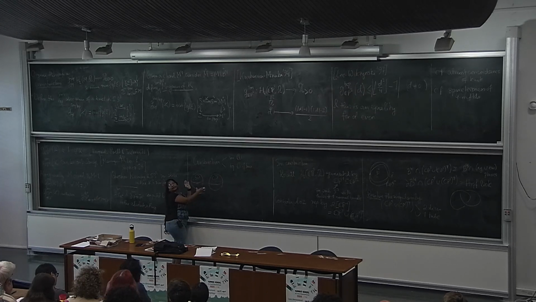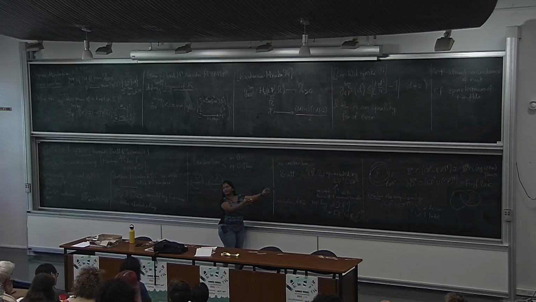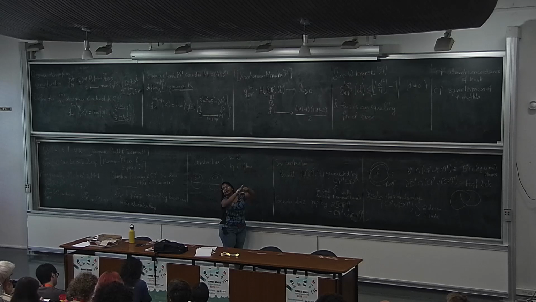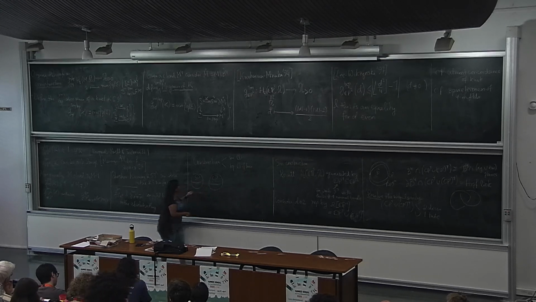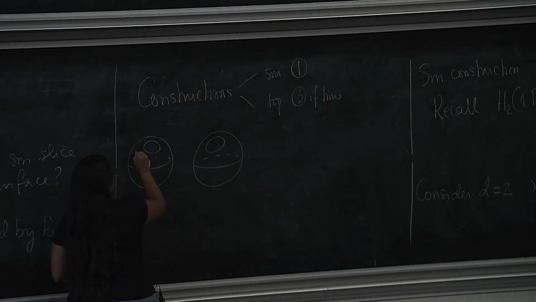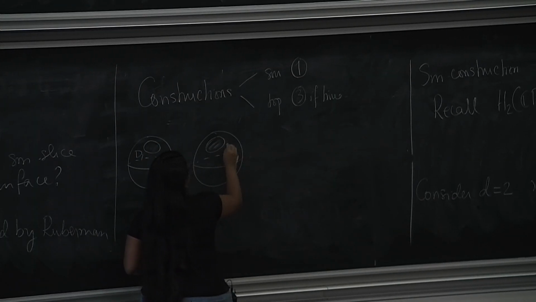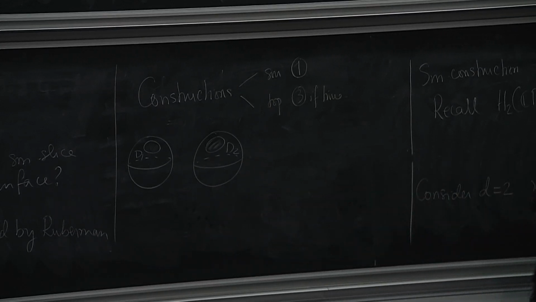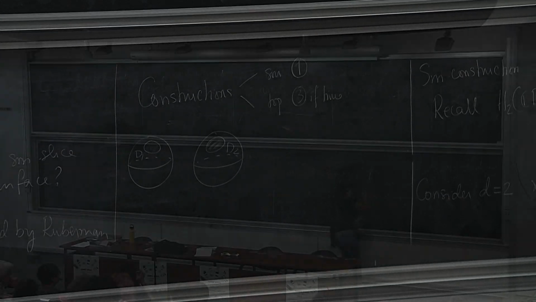When I mapped it over to CP2, these two disks were mapped in such a way that they intersected at a single point in their centers. So you might say that this disk, D1, and this disk, D2, are the disks showing up here. This is the image of D1, and this one is the image of D2.